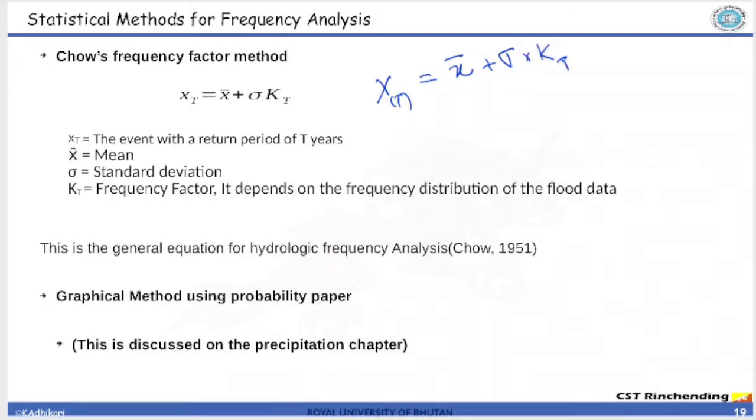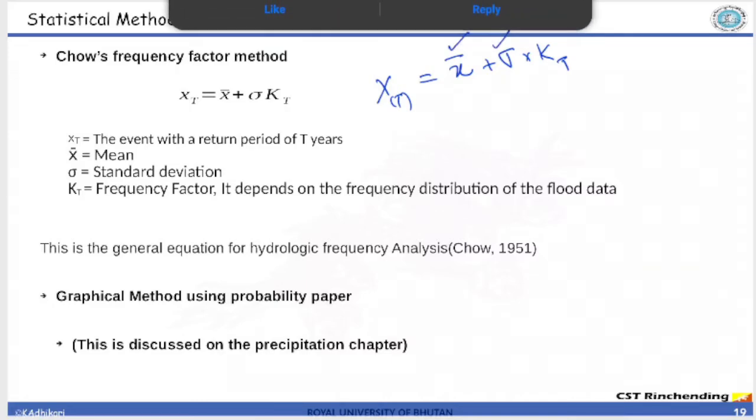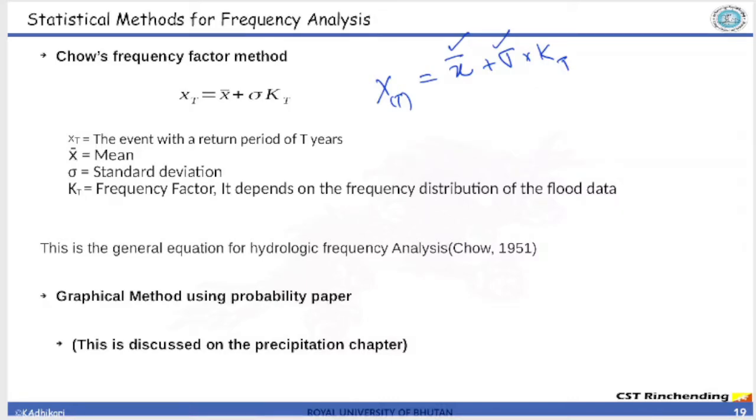Here you can derive x bar and the standard deviation from the data set, but the frequency factor is a factor that depends upon the frequency distribution. So you need knowledge of what kind of distribution the data belongs to.